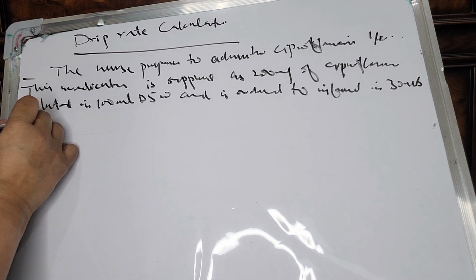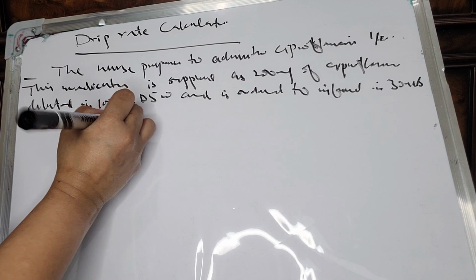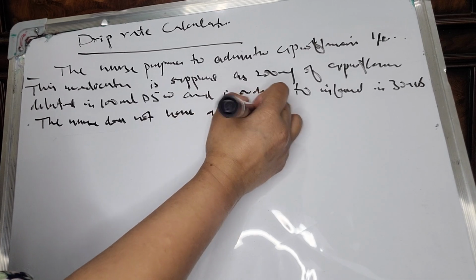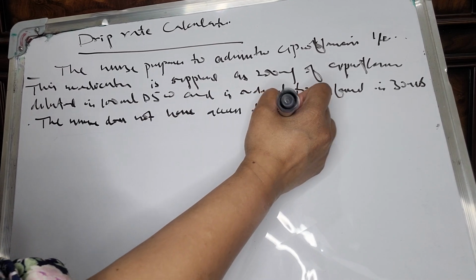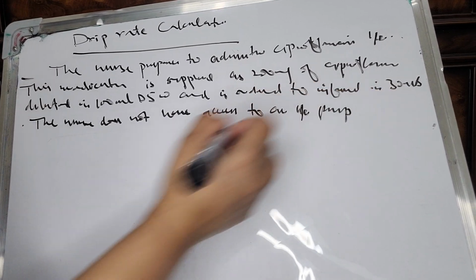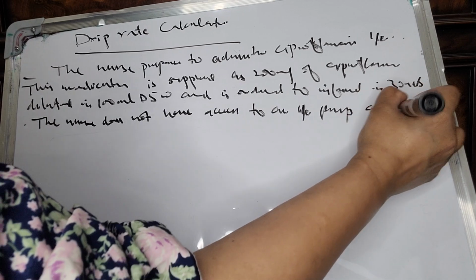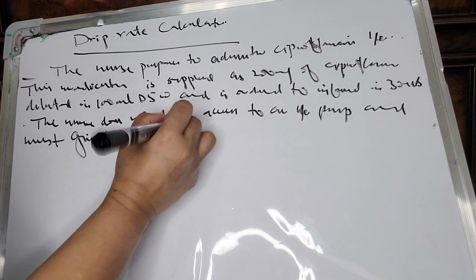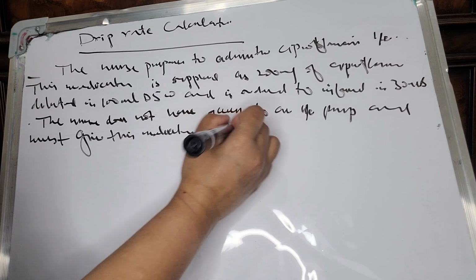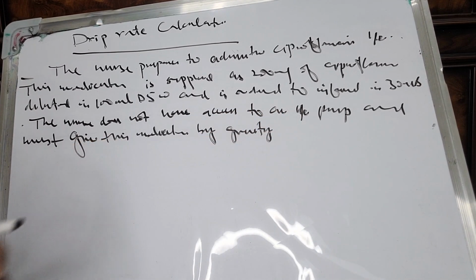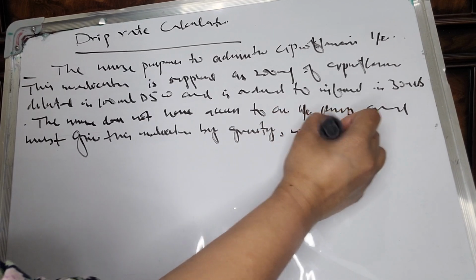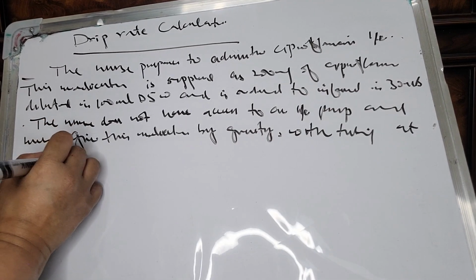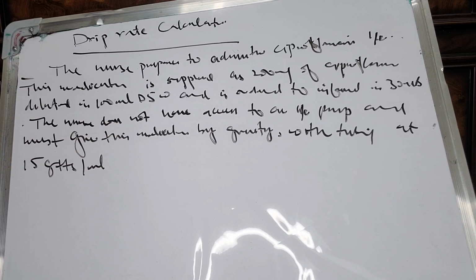The nurse does not have access to an IV pump and must give this medication by gravity with tubing at 15 GTTS per ml, that is the drop factor.